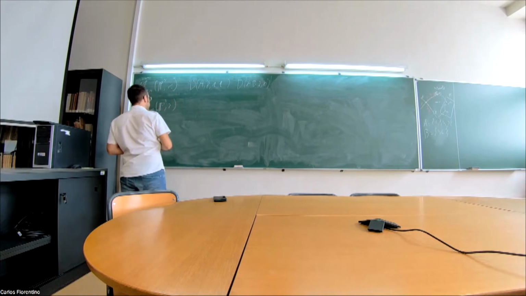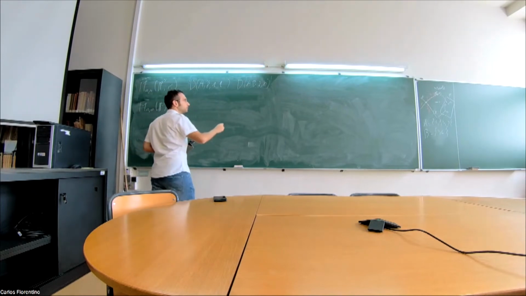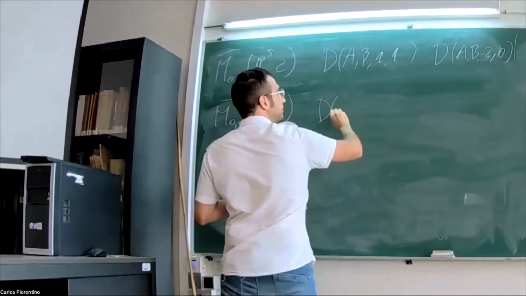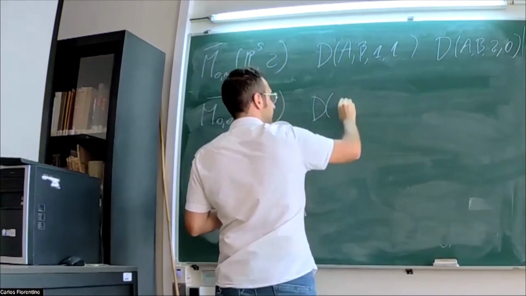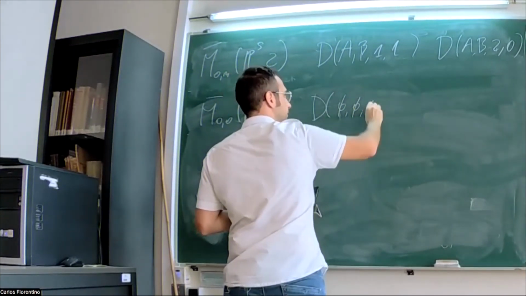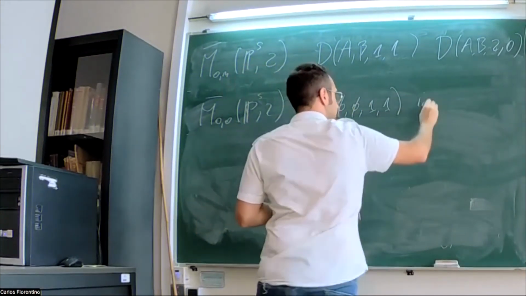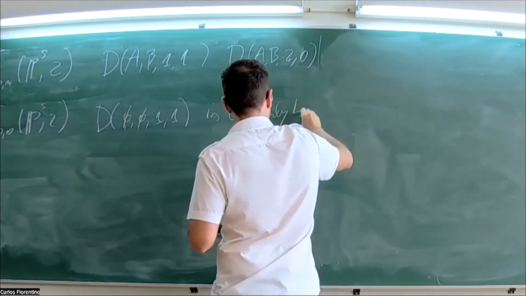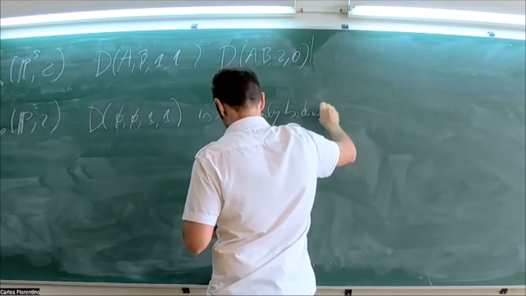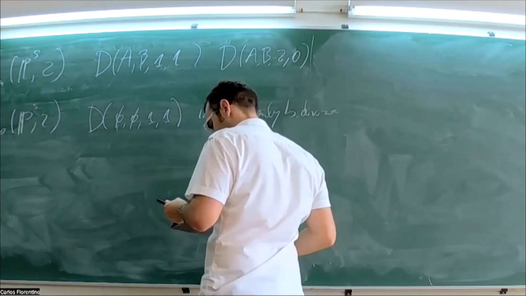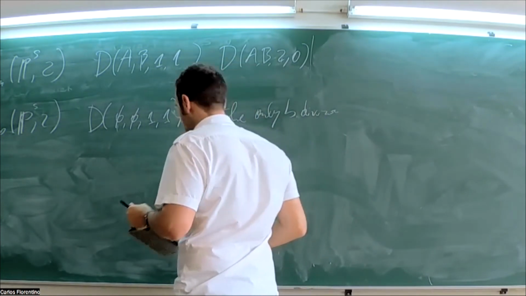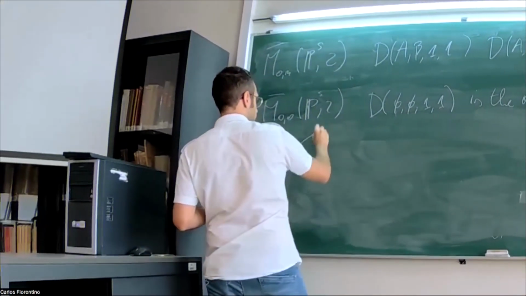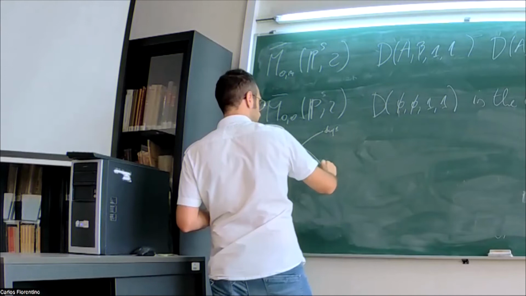I have no marked points, so I cannot have contracted components. So A, B, 1, 1 is the only boundary divisor. So it's that one.